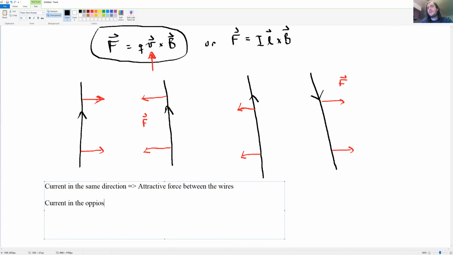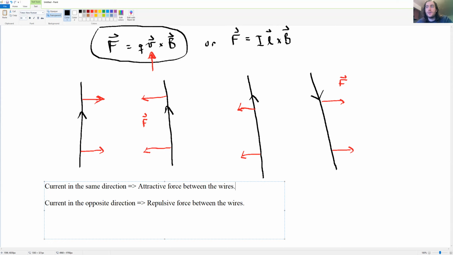Current in the opposite direction means repulsive. That's a nice thing to remember because it kind of just comes in handy. You can just look at a question and say, oh yeah, there's going to be a repulsive force here, or oh yeah, there's going to be an attractive force here. It kind of helps you save a lot of time.